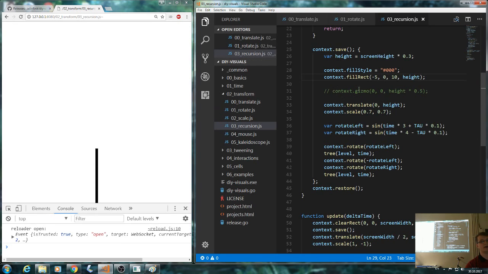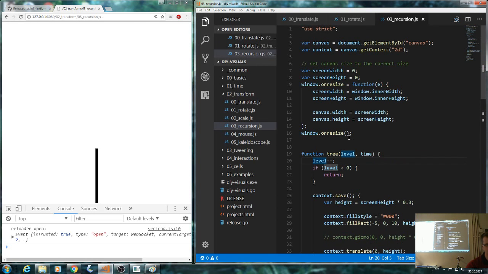Now we can draw another tree branching out to here and here by just making two drawings of the same tree, but smaller and just rotated. And here we have this rotation and drawing the tree again recursively multiple times.